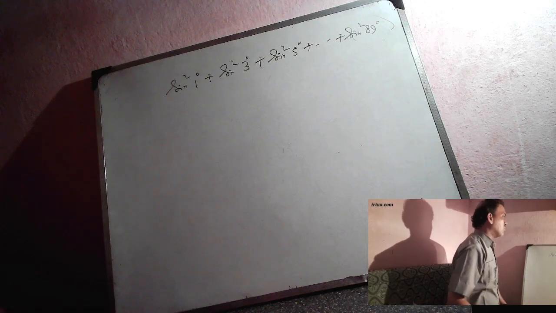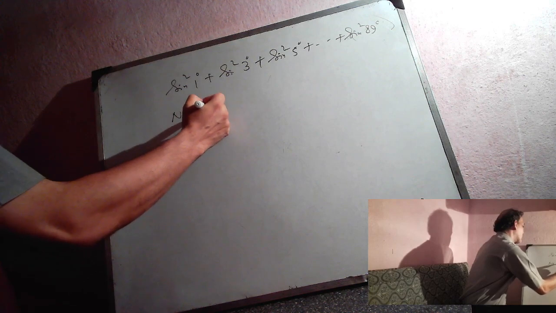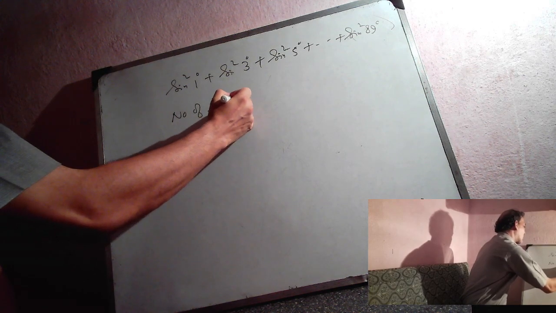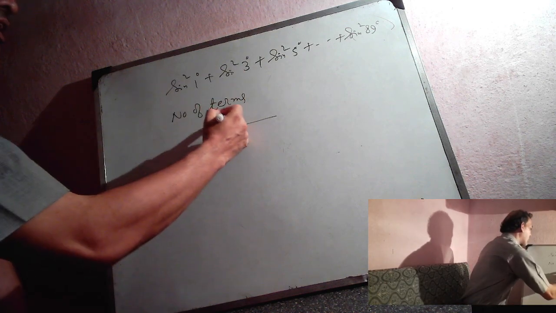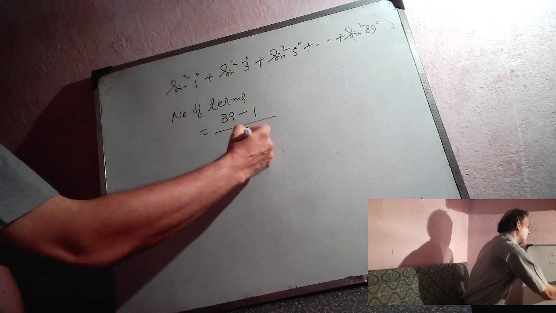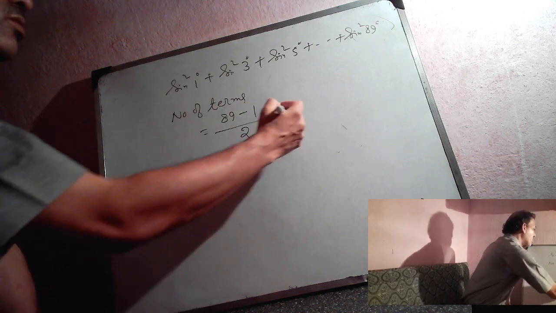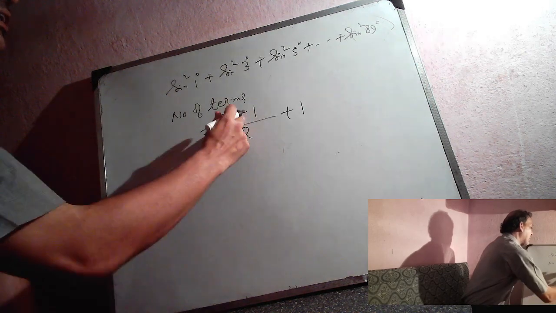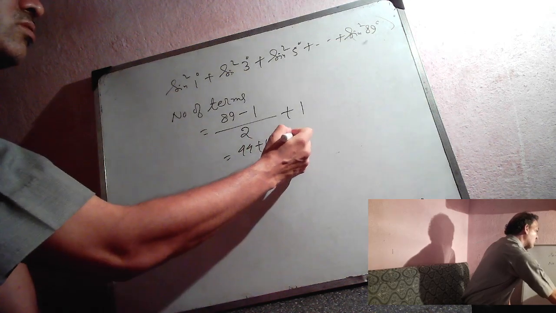What will be its value? The number of terms will be last term, which is 89, minus first term, by difference. There is a gap of 2, so divide it by 2 plus 1. 88 by 2, 44, plus 1 equal to 45.